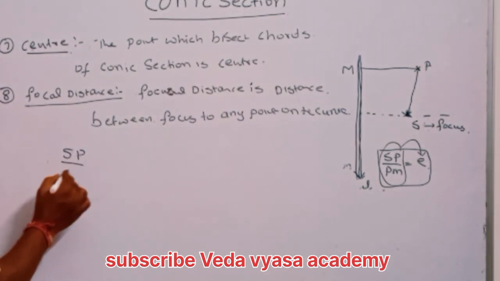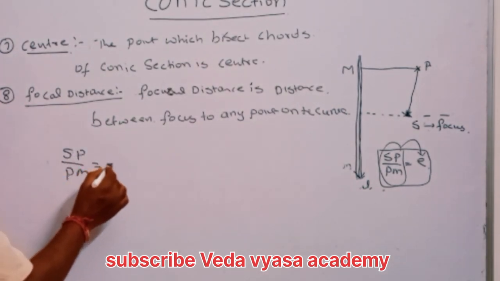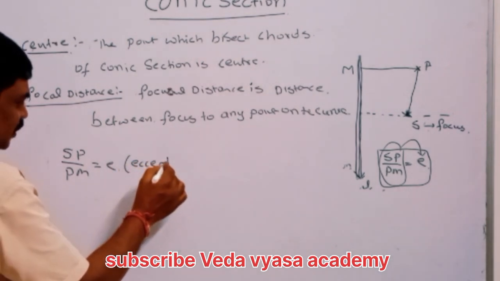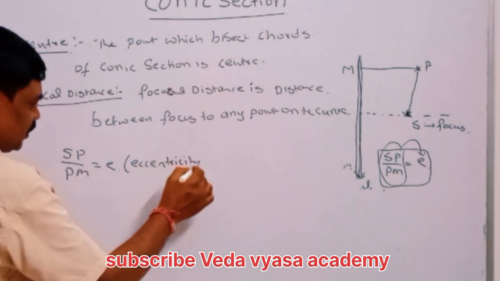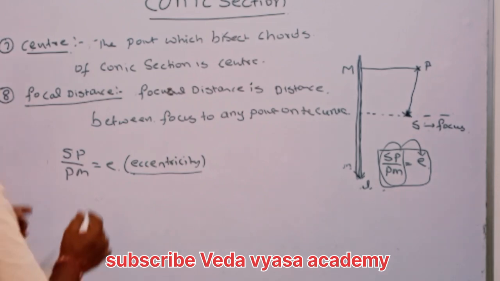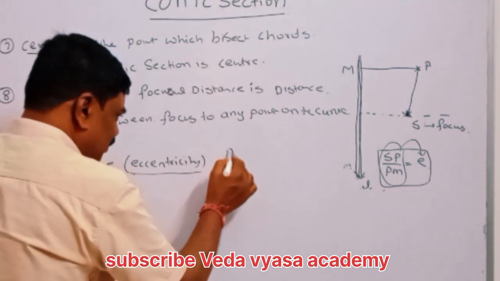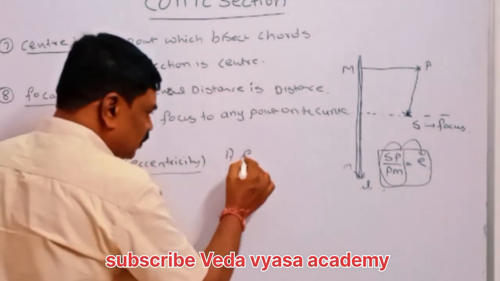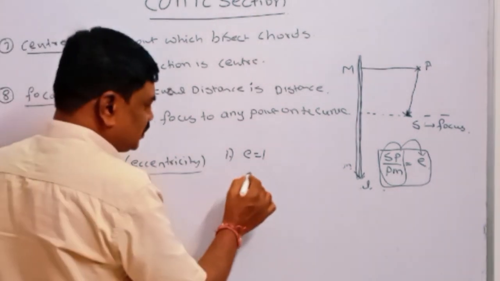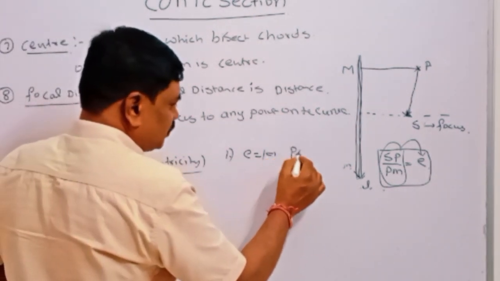This eccentricity is important in conic section. Suppose this eccentricity value is equal to 1, then that conic section is a parabola.